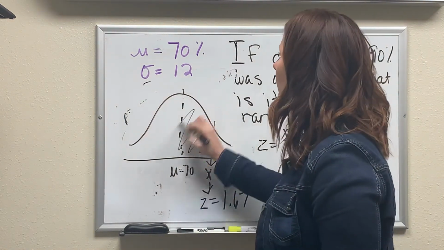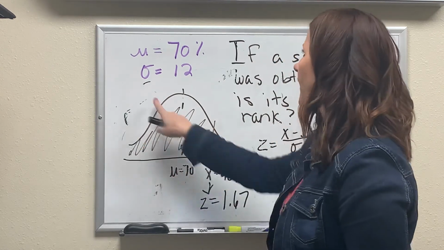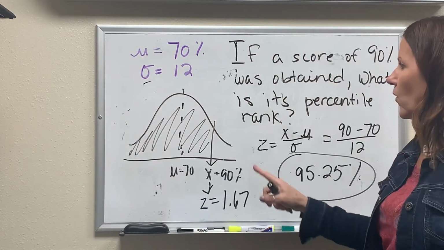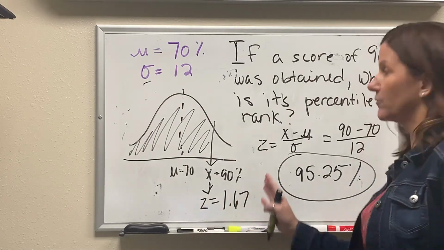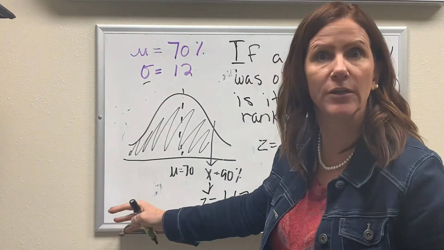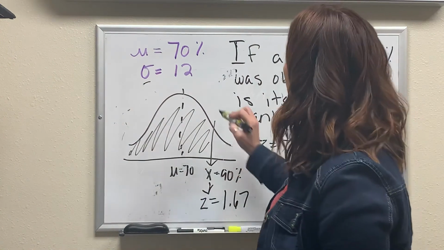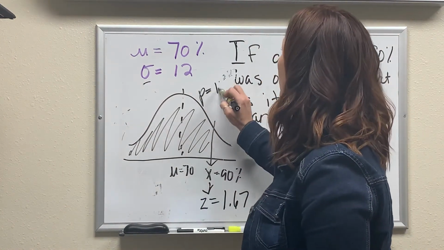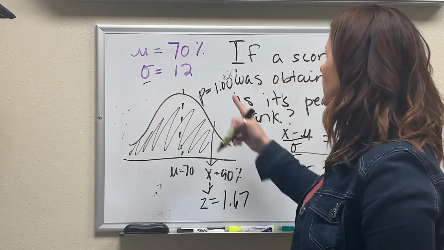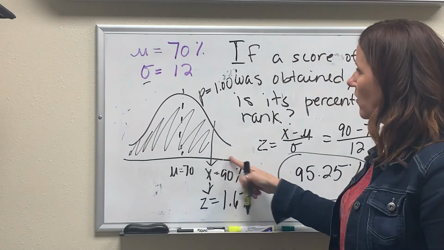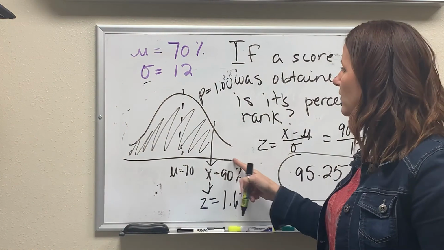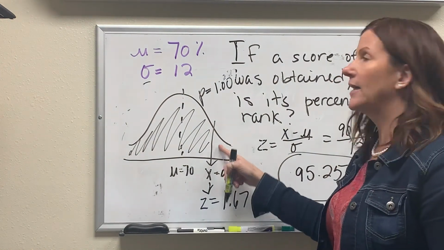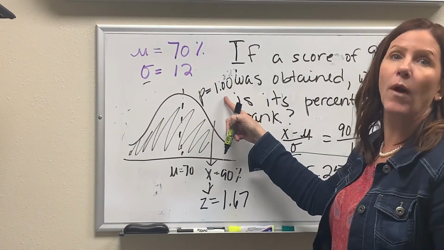We know percentile rank is everything below, okay? But we also know the distribution has 100% in the entire distribution, which is equivalent to p equals 1.00. So what we could do is, this is all that's left over from the percentile rank. We could find out how much of the proportion is here and subtract it from 1.